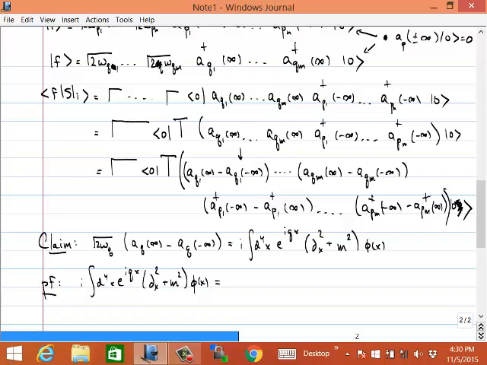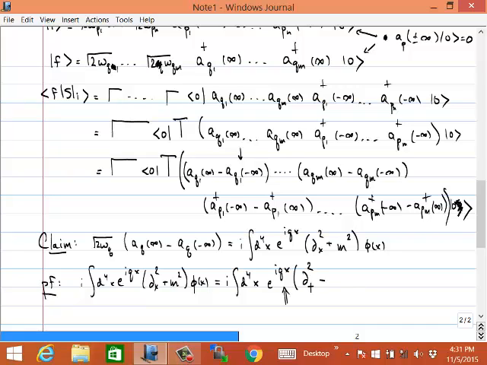So the first thing that I'll do is separate out the time derivative from the spatial derivatives. I'm going to assume that my field at fixed time falls off sufficiently quickly at spatial infinity that I can just integrate by parts so that the spatial derivatives just act on the e to the iqx here.